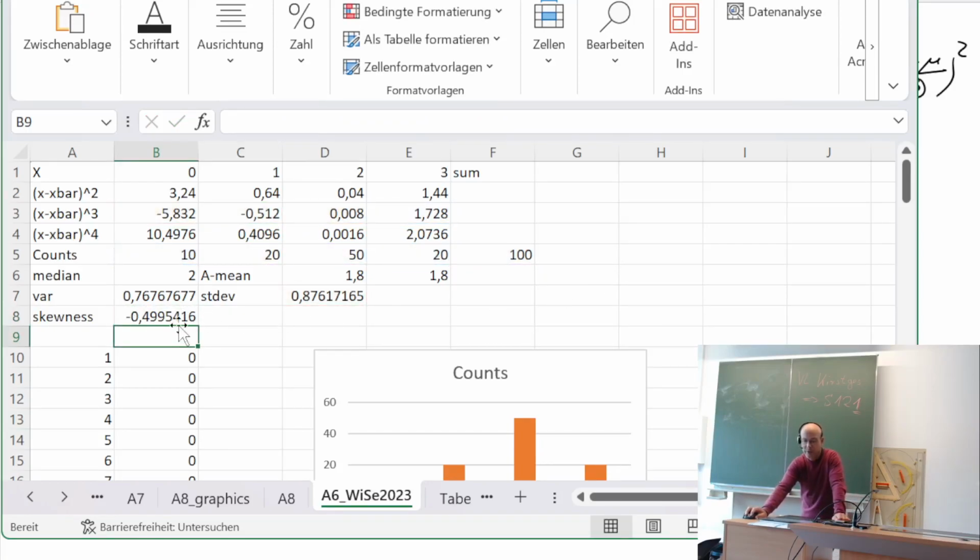And this is a skewness of roughly minus 0.5.